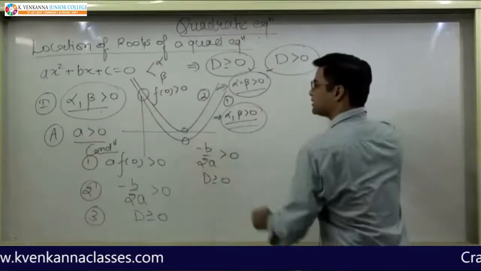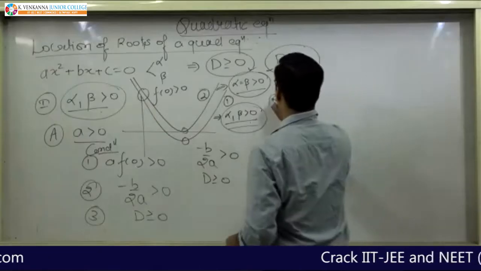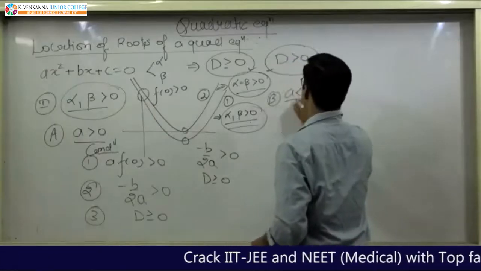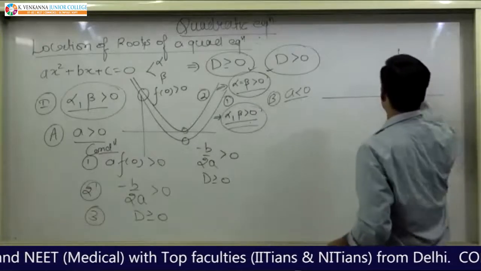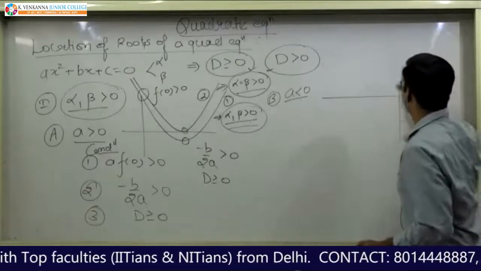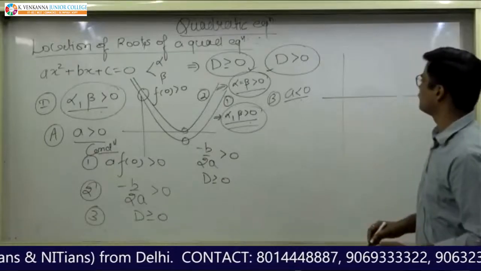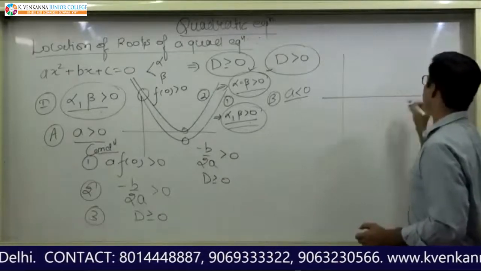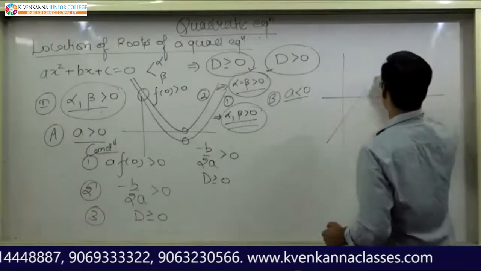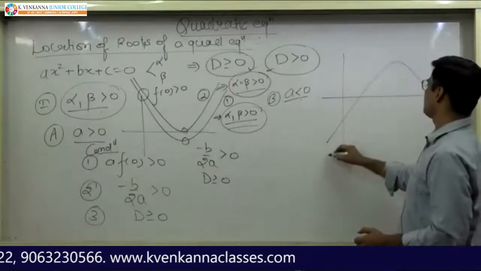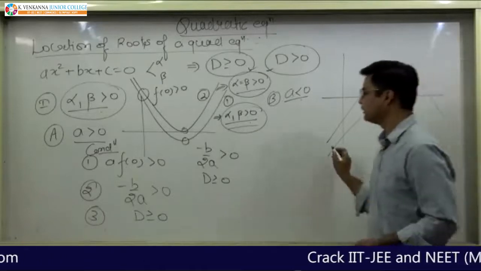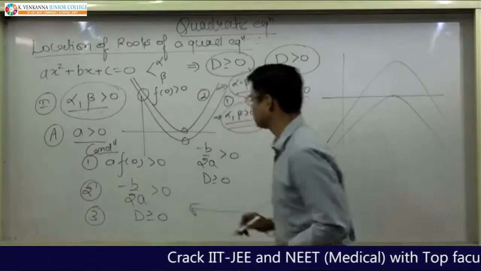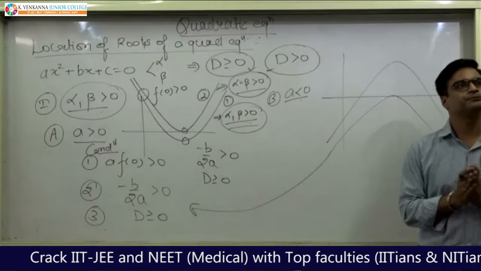You will again get the same conditions. Let's say A is lesser than 0, that means your parabola opens downwards, and still it must intersect the x-axis on the right hand side. So the curve will look like something like this or something like this. Again, you will get these three conditions.